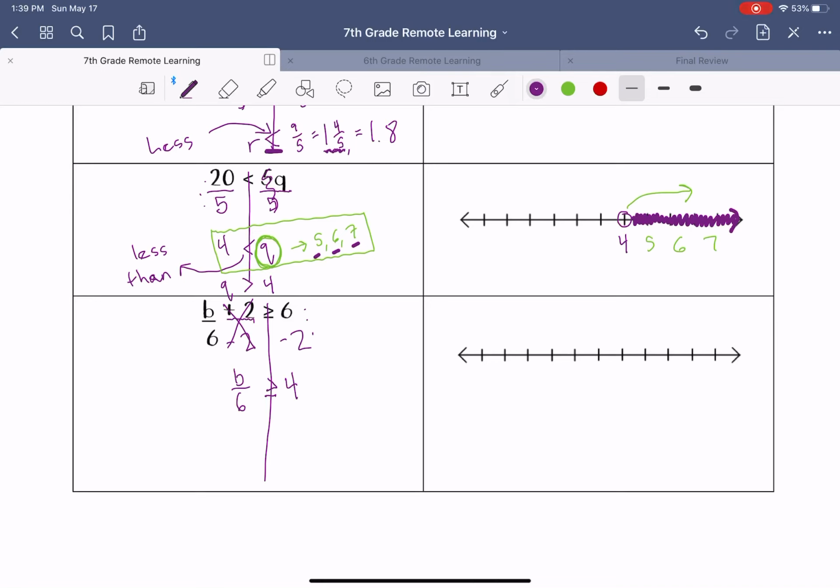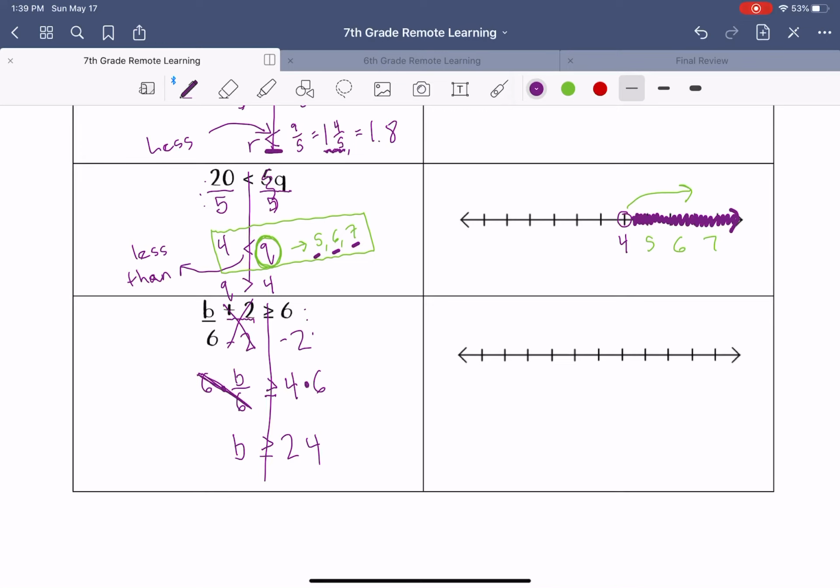Now to get rid of my divided by 6, I'm going to multiply by 6. These 6's cancel, and I am left with b is greater than or equal to 4 times 6 is 24.